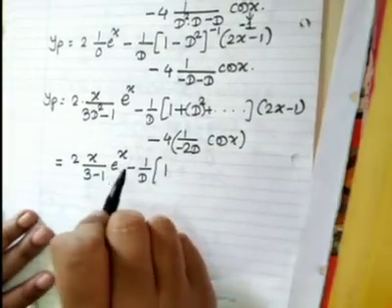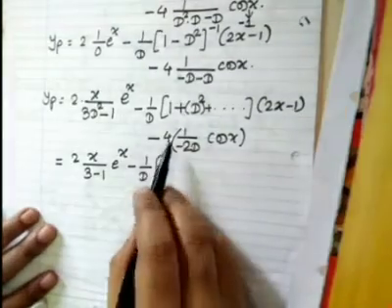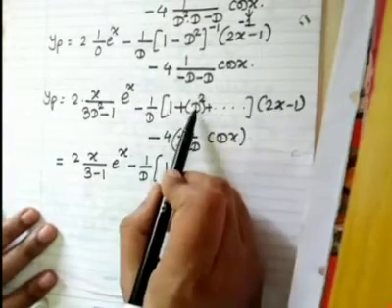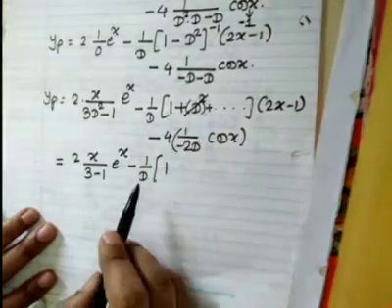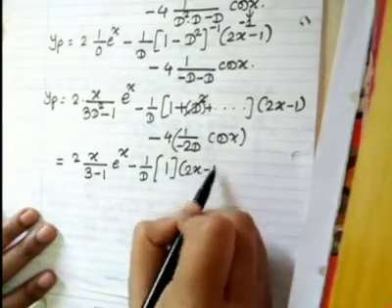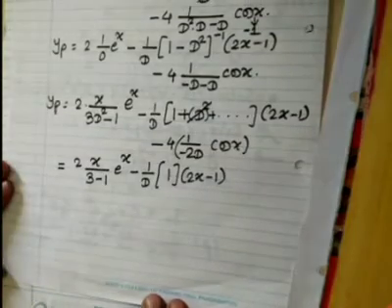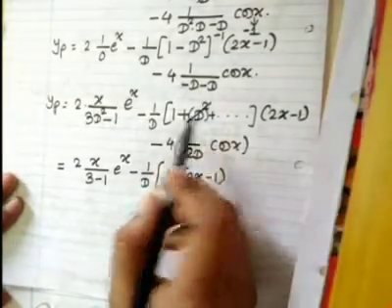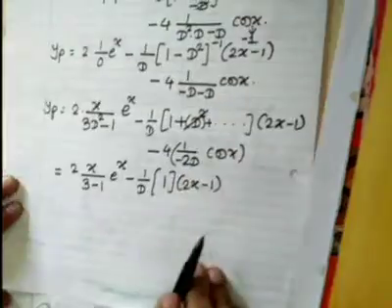What will survive here and what will not? It is x and d square, so d square will not be there. So only 1 is there into 2x minus 1. Am I right? Yes. As it is d square and as it is x only, d square on x is 0.